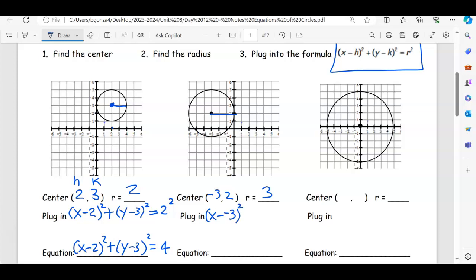Parentheses squared plus parentheses y minus the y value, which is 2, parentheses squared equals r squared, which is 3 squared. Do you see how I'm plugging in h, k, and r? H, k, and r, right?